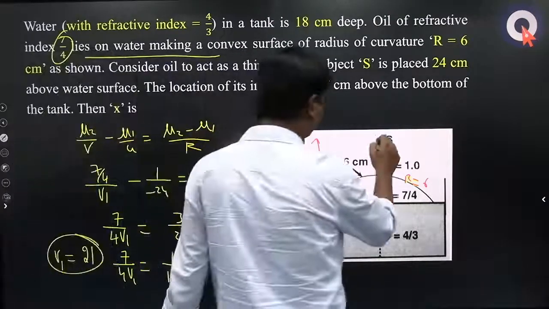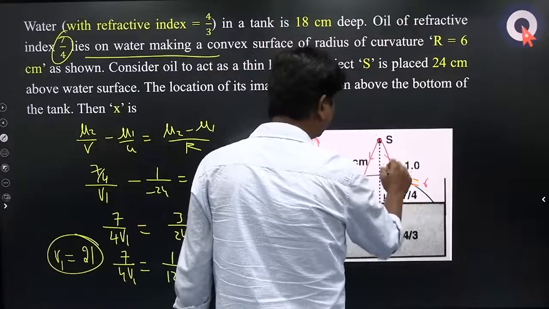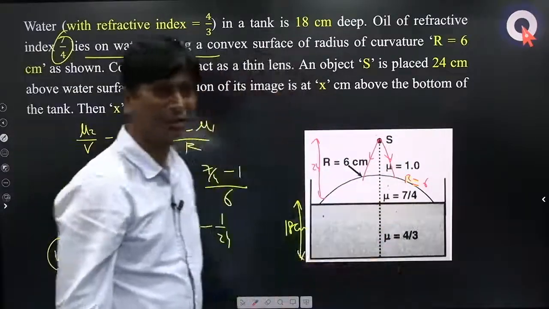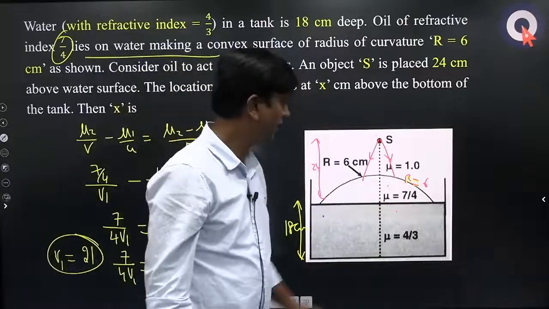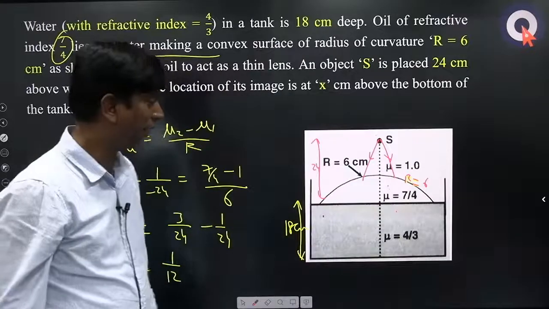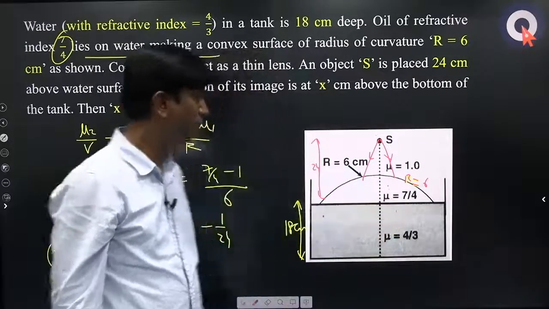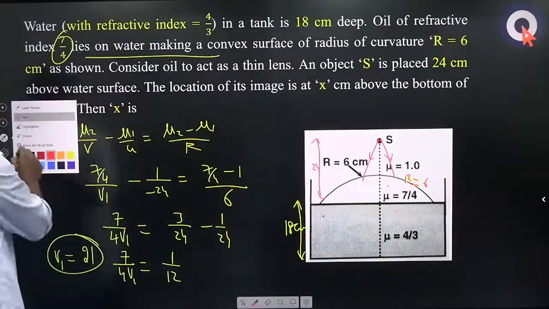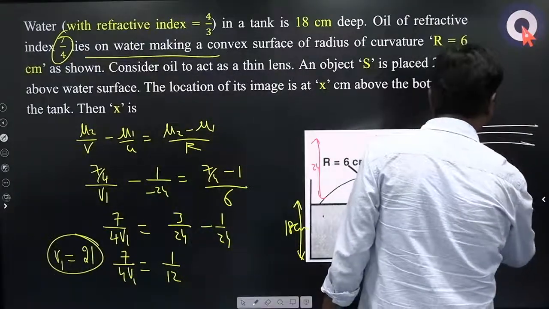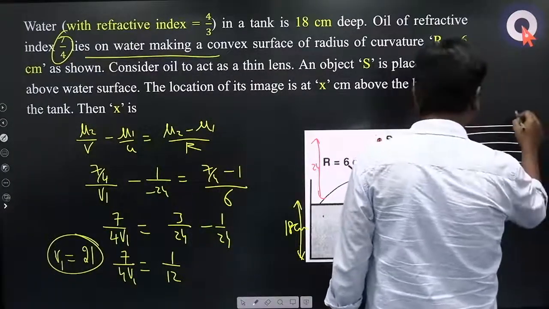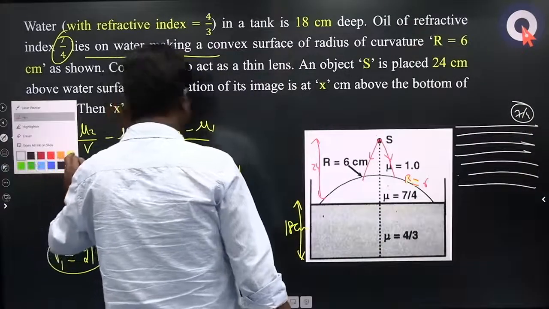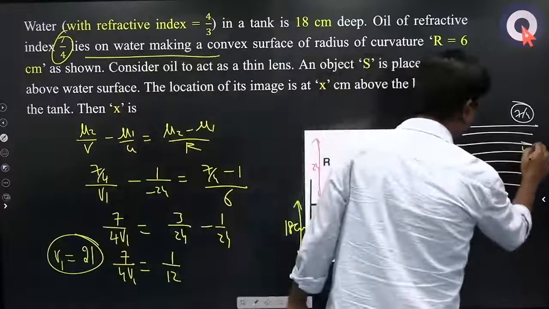First it will have diverging rays like this. They'll try to converge at 21. And actually this is a very thin layer, right? But when they are trying to converge at 21, again there is a medium change from 7 by 4 to 4 by 3. So it can be interpreted like this: here it is 7 by 4 and here it is 4 by 3.